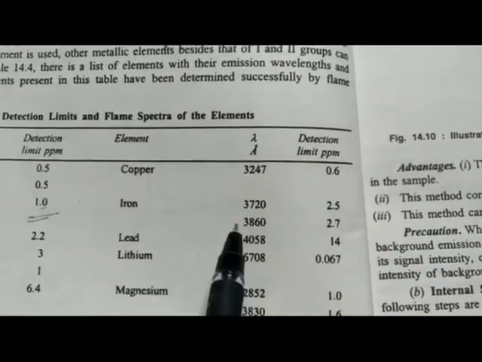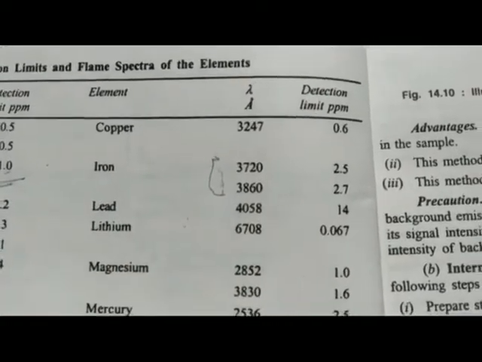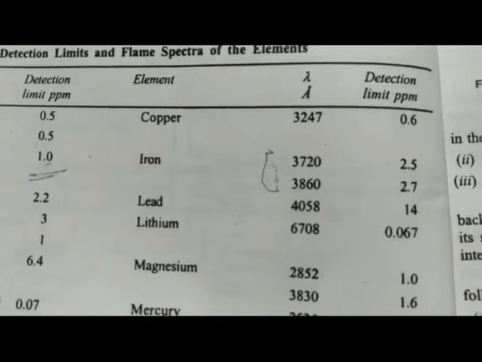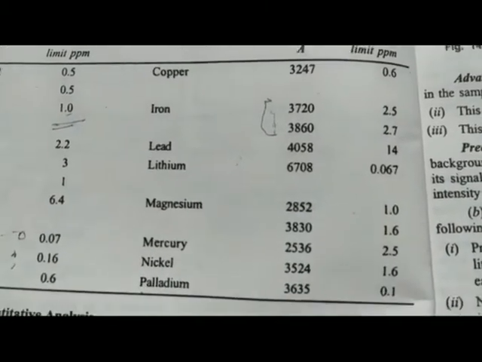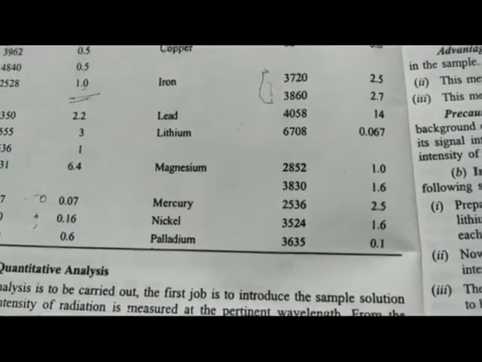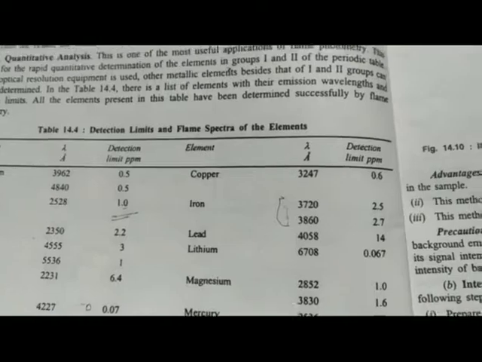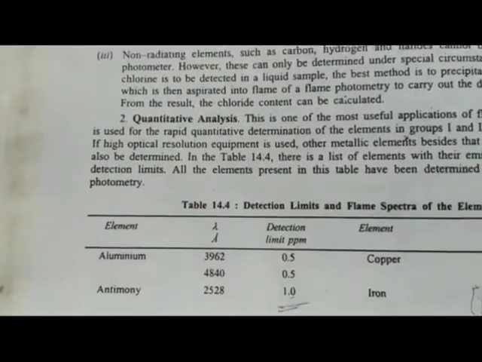What is the range of iron? 3860 to 3720. Lead, lithium, magnesium, mercury, nickel. So this is all the application of flame photometry.